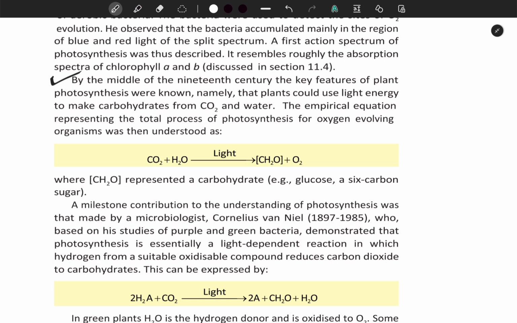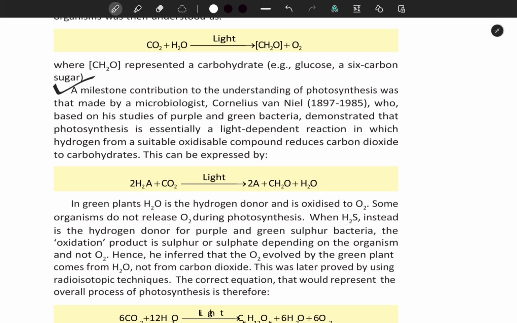The empirical equation representing the total process of photosynthesis for oxygen evolving organisms was then understood as CO2 plus H2O, in the presence of light, forms CH2O plus O2, where CH2O represented a carbohydrate, for example glucose, a 6-carbon sugar.